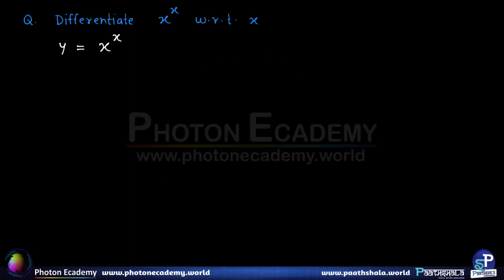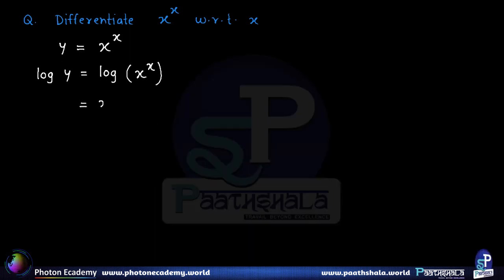So let y equal x raised to x. As per the process, we have to first take the log. So that is log of y is nothing but log of x raised to x, which is nothing but x log x, right? So therefore log y is equal to x log x.